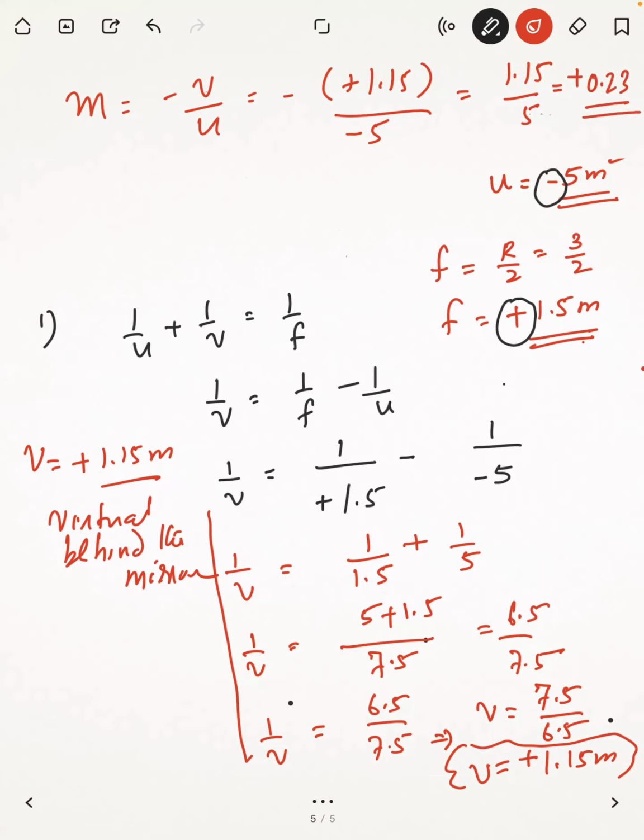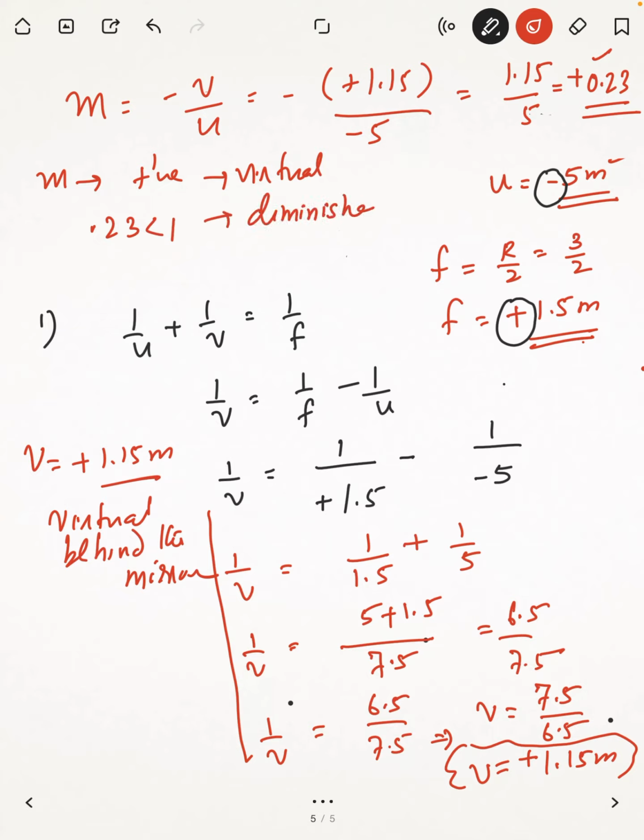So the magnification is positive, which means a virtual image, and a diminished image. What about the size? This value is 0.23, which is less than 1. So we say that it's a diminished image.